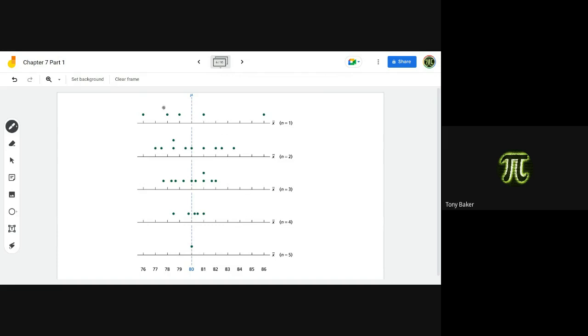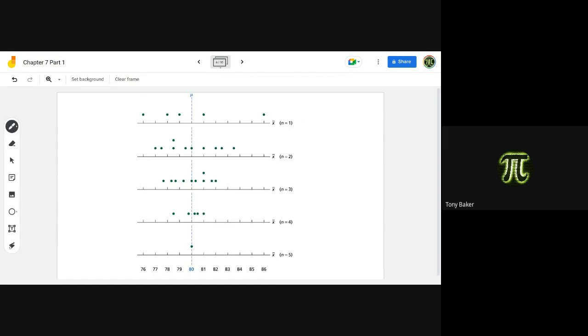Okay, so what do you notice is happening with these? Not necessarily a trick question, but what do you notice is happening? They're all averaging out to 80, or they're all coming back together. So they're getting closer and closer to 80.